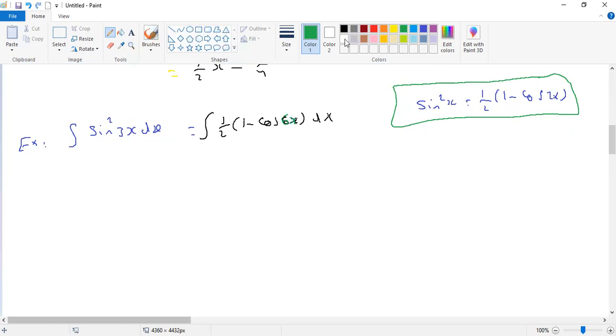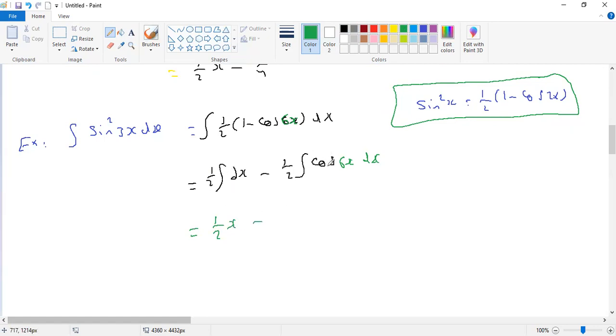Then what is the integral? Equal to the integral of half times 1 dx minus the integral of cosine 6x dx. So half multiplied by each one, half out of the integral. The integral of 1 is x, so this is half x, whose derivative will be 1.